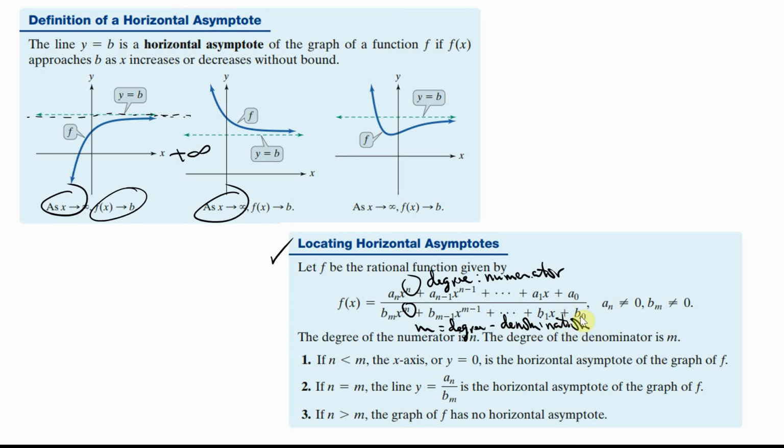I'm going to compare those two numbers. If n is less than m, if the degree in the top is less than the degree in the denominator, then automatically your horizontal asymptote is y equal to 0.